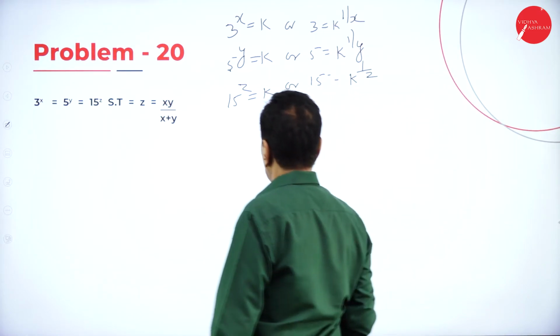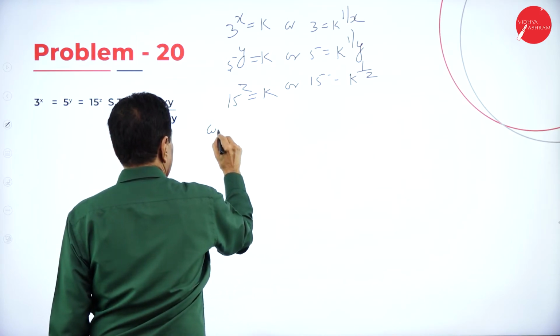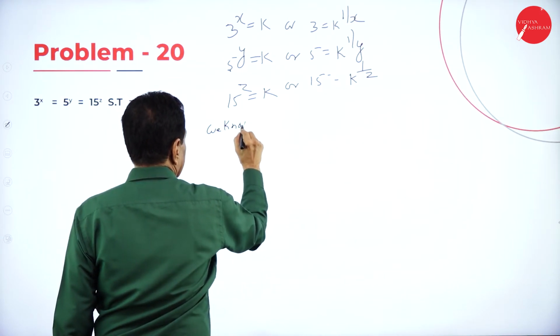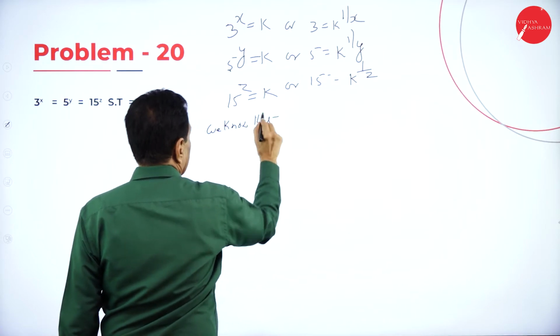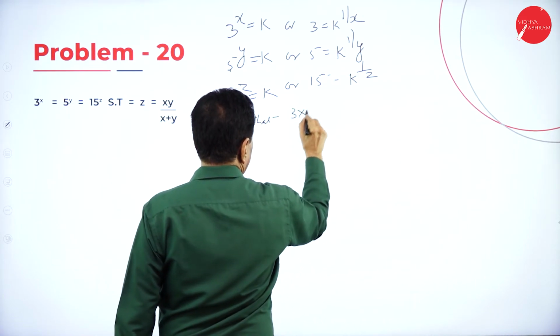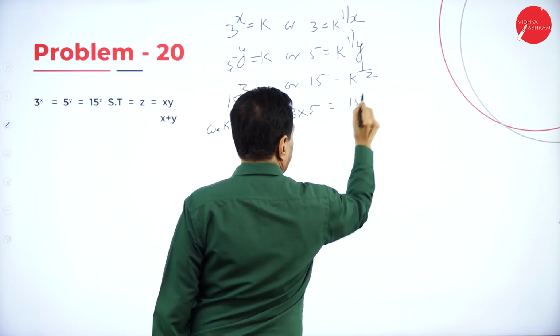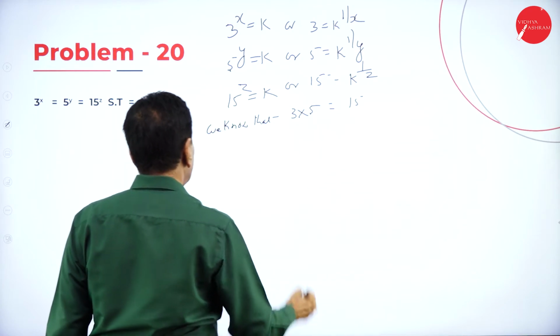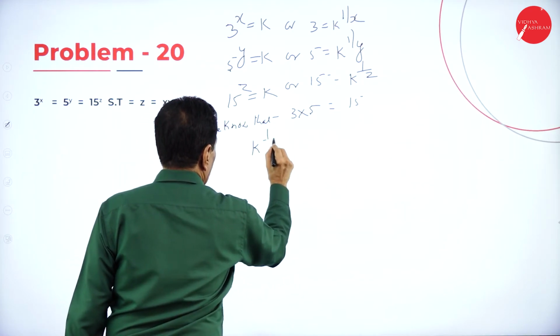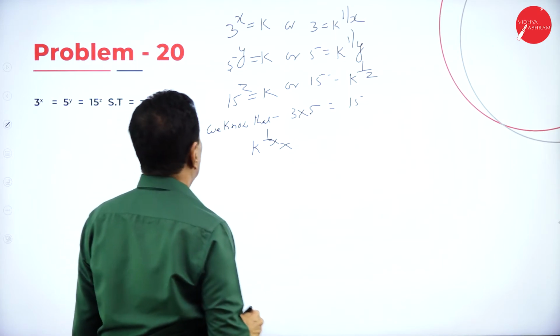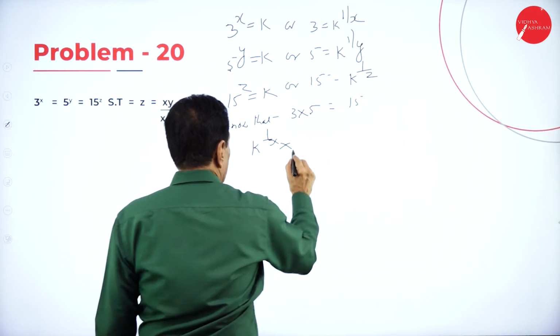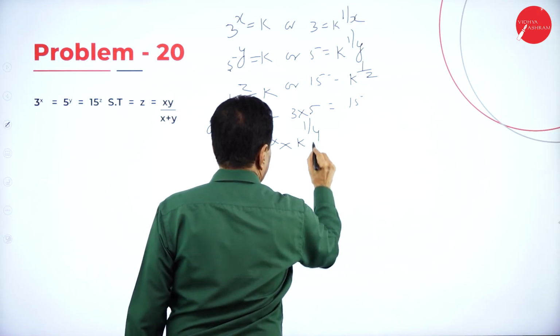Then we know that 3 times 5 is 15. What is 3? k to the power of 1 over x. What is 5? k to the power of 1 over y.